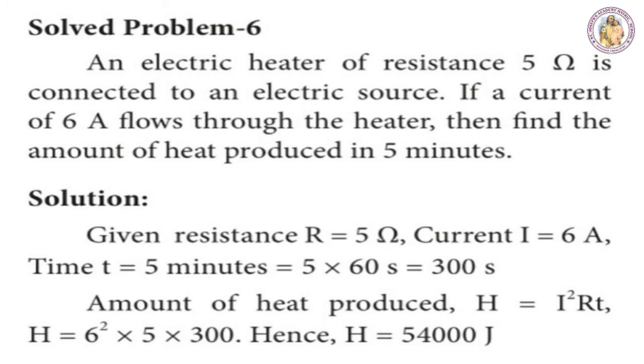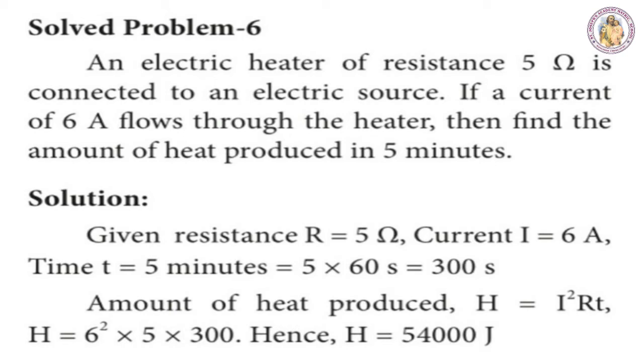Now solve problem 6. An electric heater of resistance 5 ohm is connected to an electric source. If a current of 6 ampere flows through the heater, then find the amount of heat produced in 5 minutes. Here, the electric heater's resistance is 5 ohm.